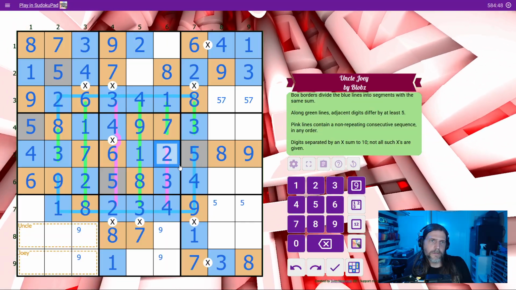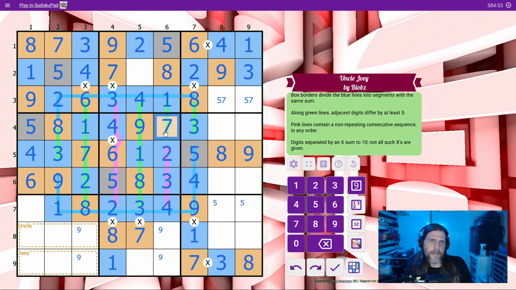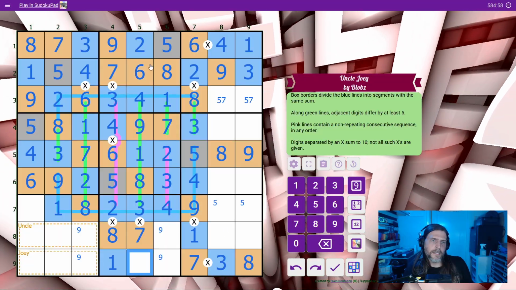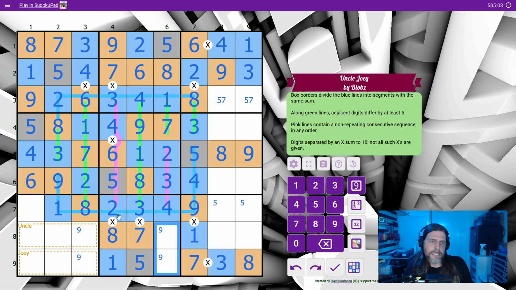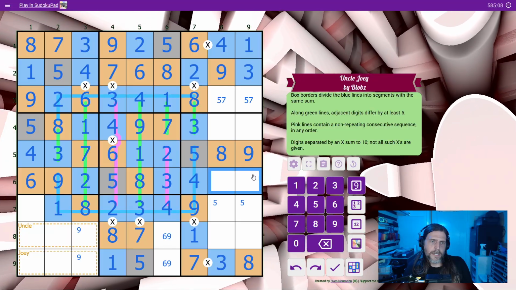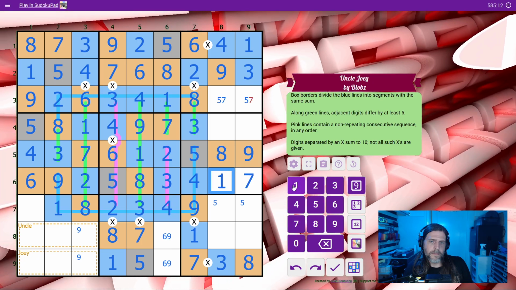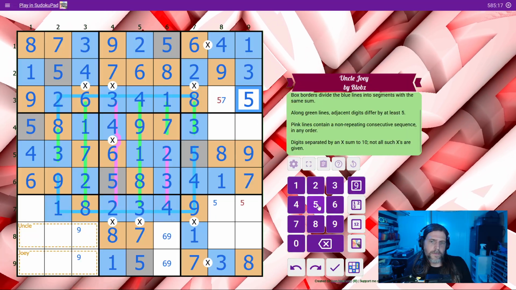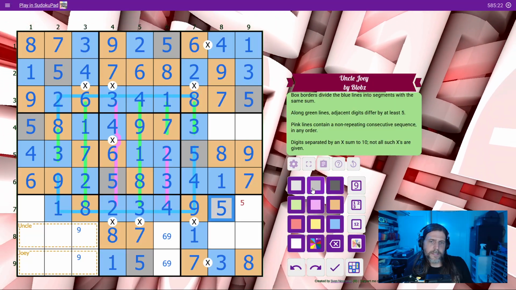2 is low. And we're left with 5 and 6 and 5. This 9 needs a 6 with it. 1, 7. 5, 7. 5 gets placed.